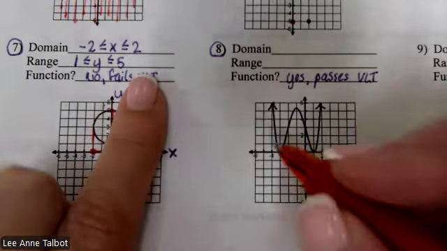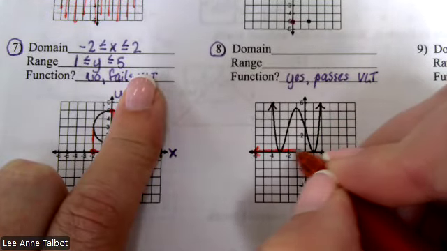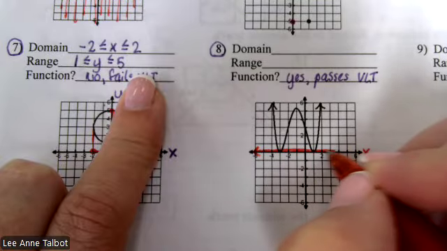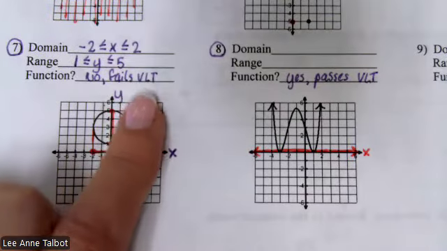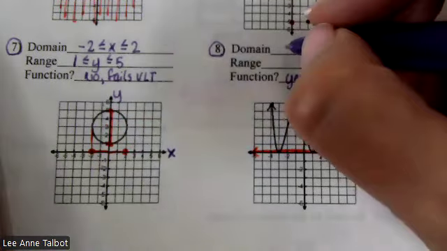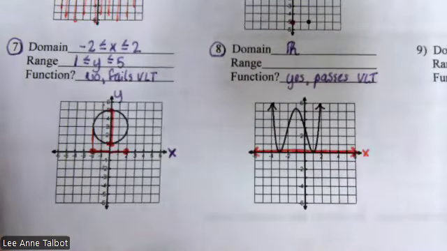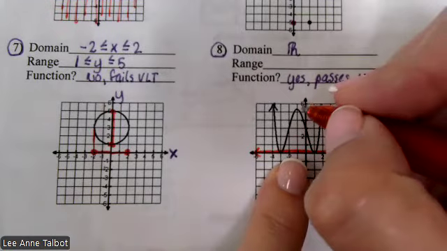It's just going to be really steep. So going left forever, the graph exists here, and it's going to go right forever. What do we call that? All real numbers.